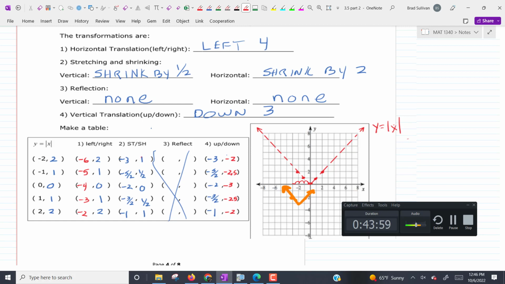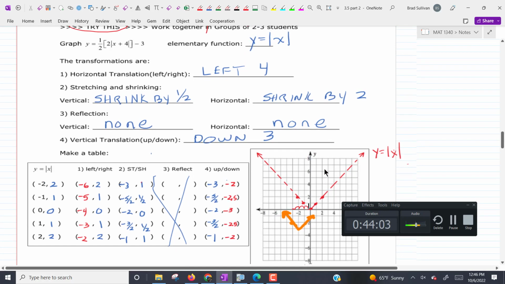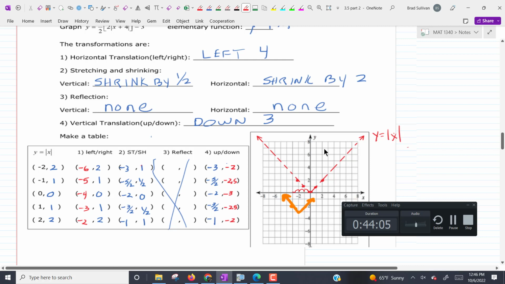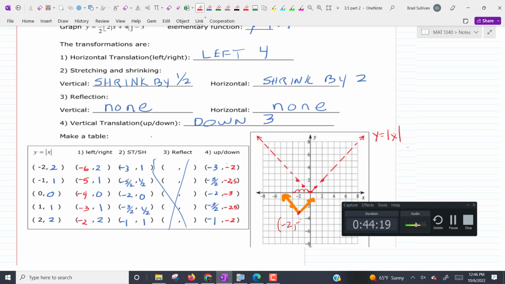So the points ended up, let's see, negative 3, negative 2, negative 2.5 and so forth, and then negative 2, negative 3 is where that lower point goes. Okay, so that's how that would work out. If you do all those transformations correctly, that's how that works out.